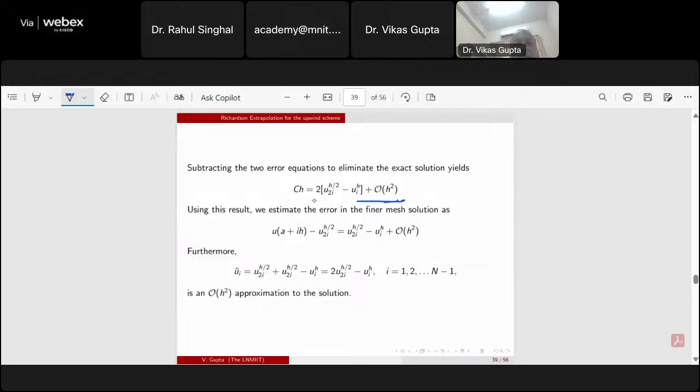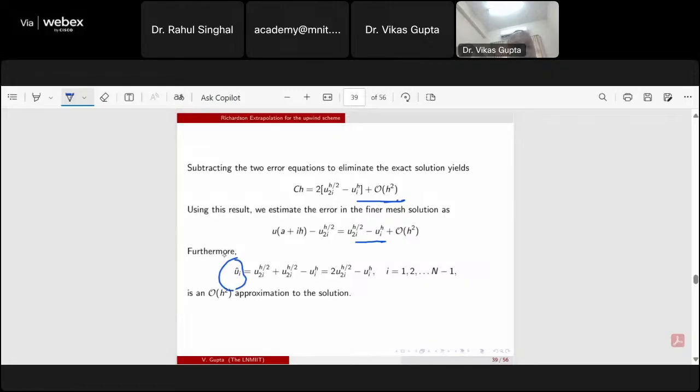So 1/2 into 2 will cancel out. So Ch/2 will be replaced by this term, u_{2i}^{h/2} minus u_i^h plus order of h squared. Am I right?